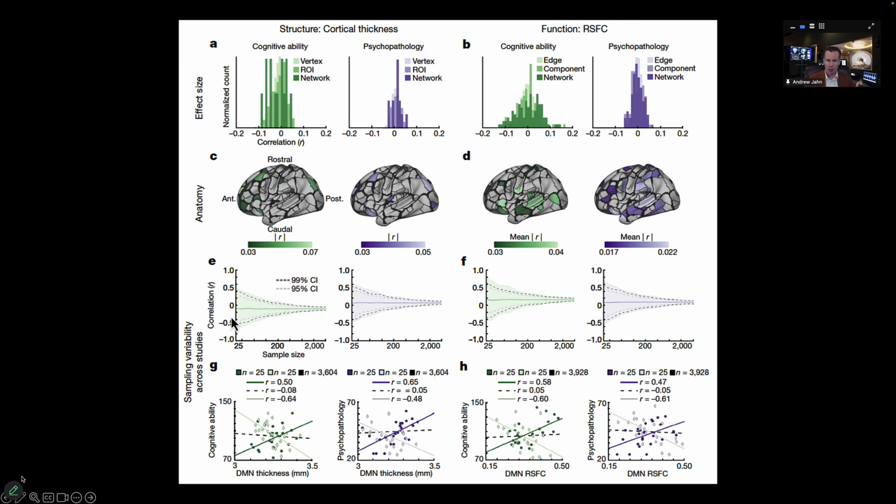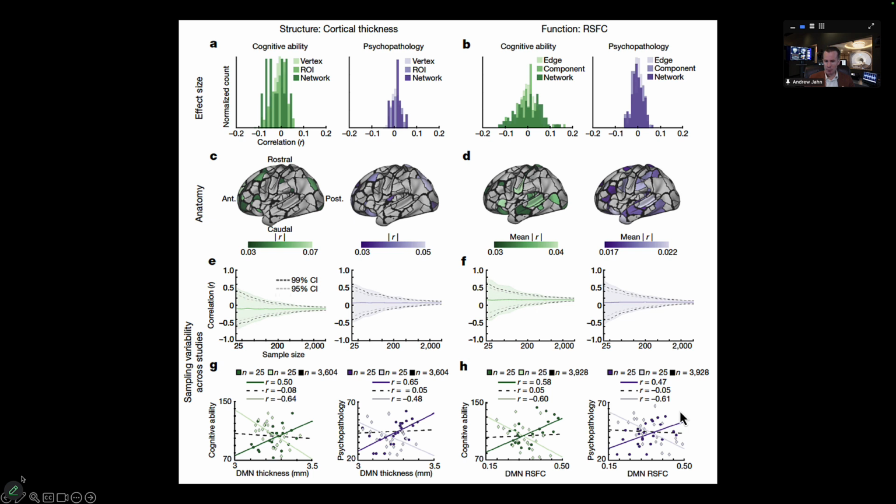And you can see in these plots, in this third row here, the effect sizes, the correlations, let's roughly equate those with effect sizes, are somewhere around 0.1 to 0.2, even across many thousands of subjects, looking across cognitive ability and psychopathology.